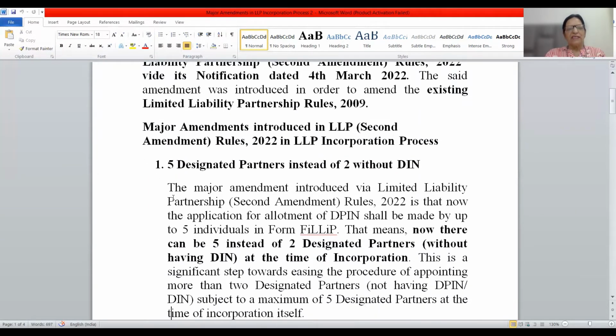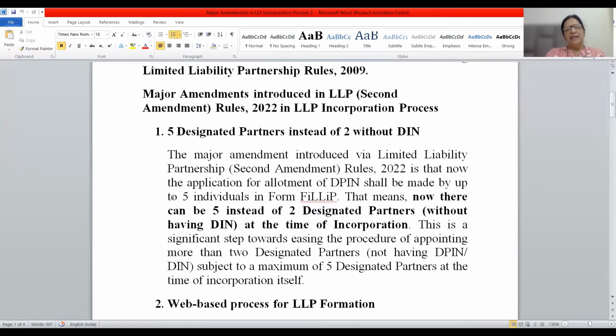The first one, friends, is 5 DPs instead of 2 without DIN. DIN stands for Director Identification Number and DPIN stands for Designated Partner Identification Number.